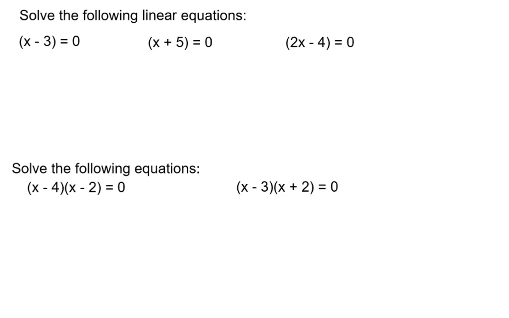We'll start off with something really simple, a few linear equations that we want to solve. Our first one here, x minus 3 is equal to 0. We can do opposite operations here, adding 3 to both sides to get x is equal to 3.